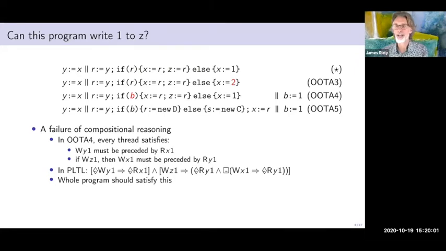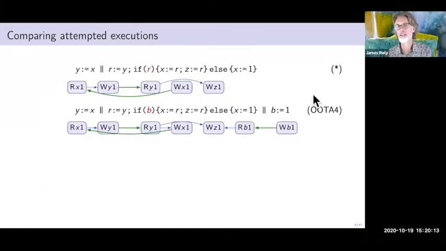So yeah. Anyway, let's go forward here then. So let's just put these two executions side by side. In fact, zeroing in just on star and UTA4 is kind of helpful here, and you can see the difference in them. Okay, so in star, we have this write of 1, which is independent, and therefore we don't have a dependency between the read of y and the write of x.